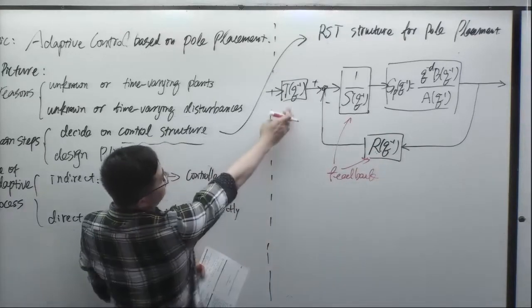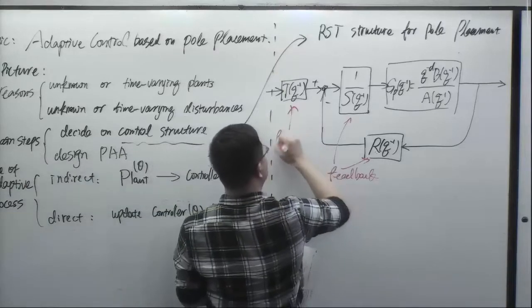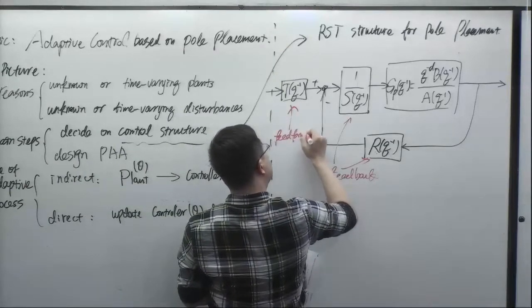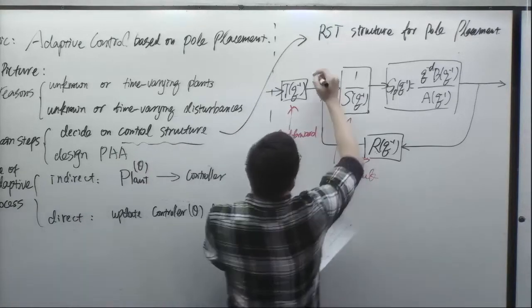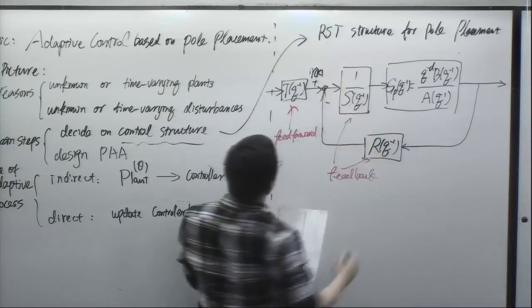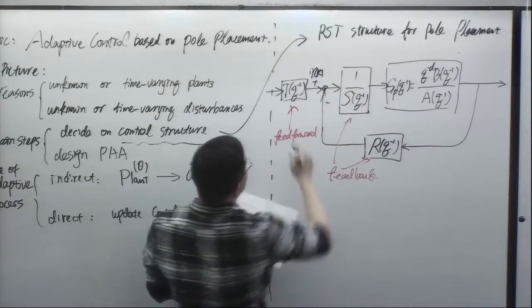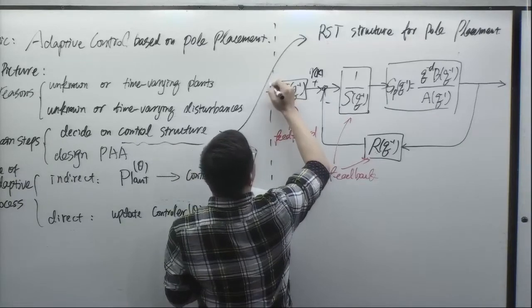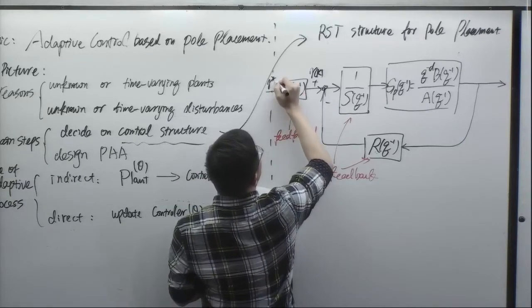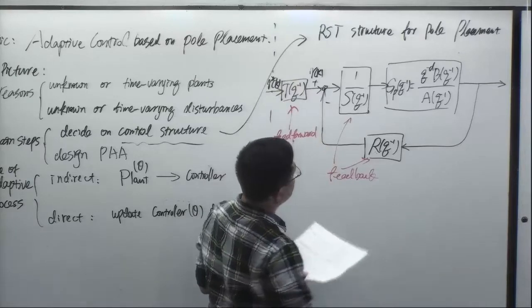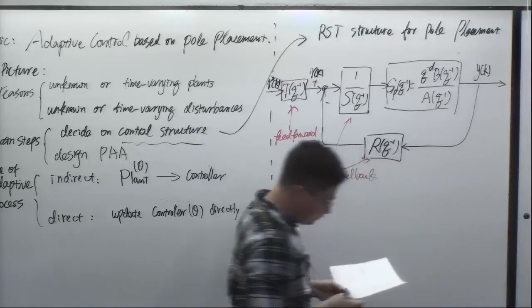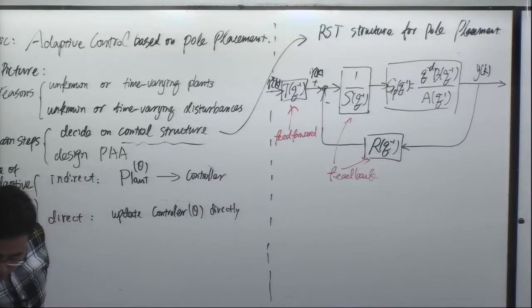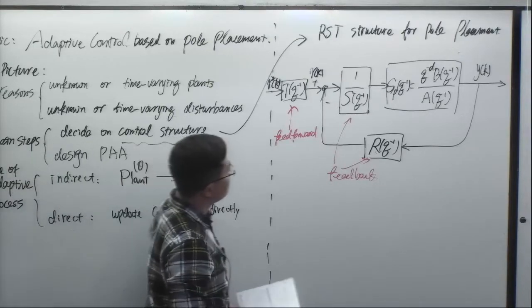There's also this feed-forward component inside that will help shape the input, let's call it R, into the feedback block. And let's call this R star. And then the output, let's call it Y.